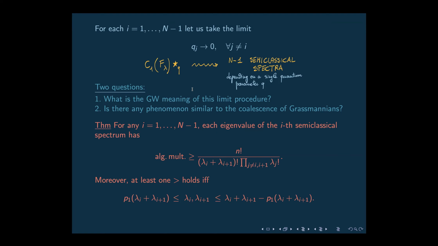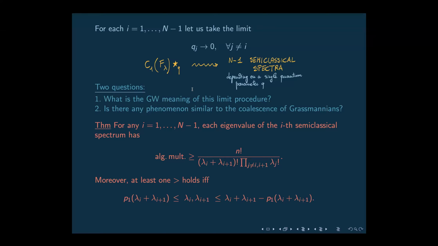And for each such i, we will have a quantum parameter q_i. So what I do is the following: I fix such an i, and I set all the quantum parameters not corresponding to such an i equal to 0. In this way, what I obtain is no longer a single spectrum, but N−1 possible different spectra that I call semi-classical spectra. And all of them now depend on a single parameter q.